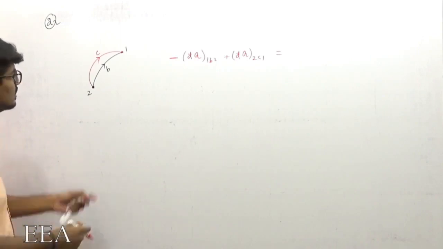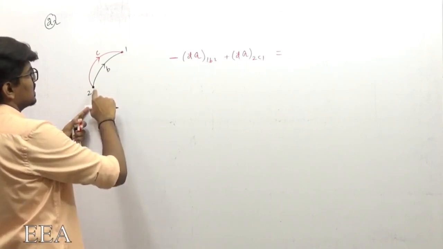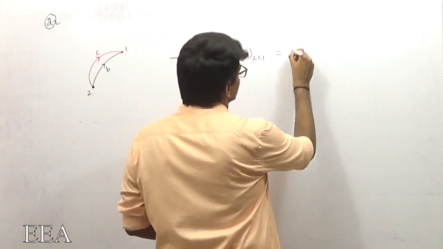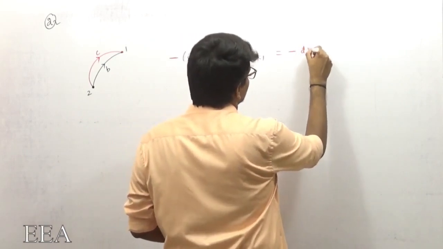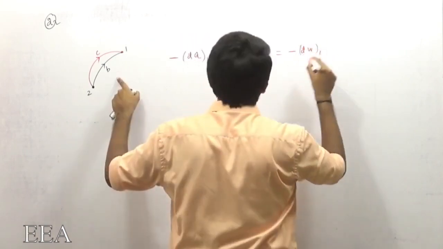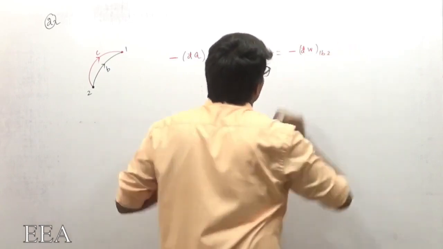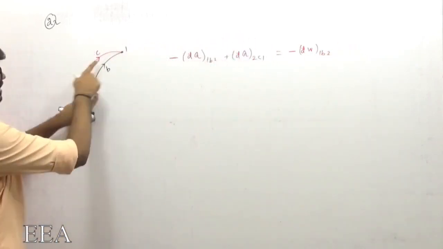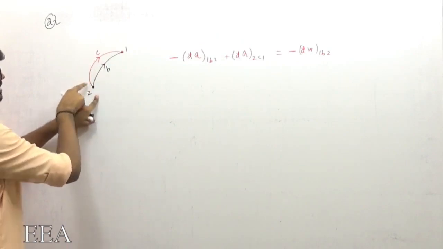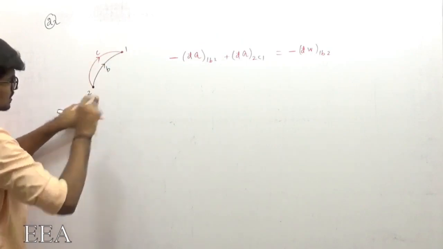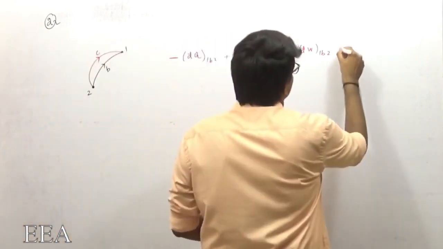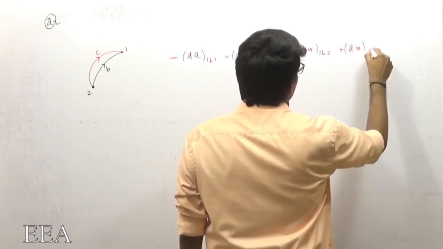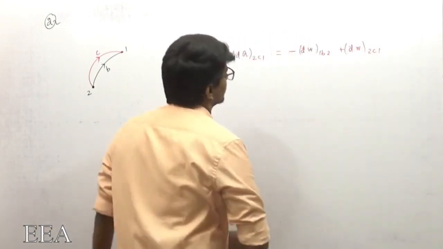Talking about work transfer from 1 to 2, again the direction was opposite, so minus d dash w 1b2. Now from 2 to 1 along this red path, the direction of the arrow mark and the direction in which I am traveling are the same, so plus d dash w 2c1.